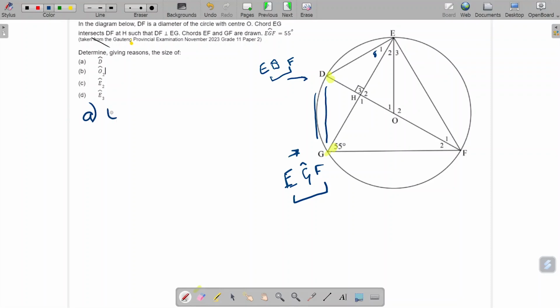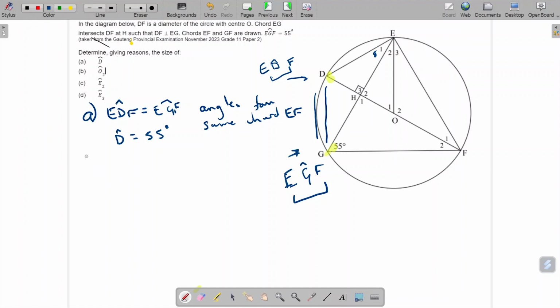Angle EDF will equal angle EGF because we've got angles from the same chord, and I'm going to, in this case, specify that that chord is EF. As a result, we know that angle D equals 55 degrees.